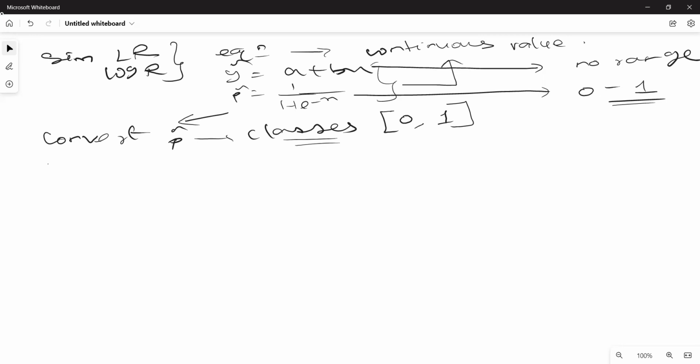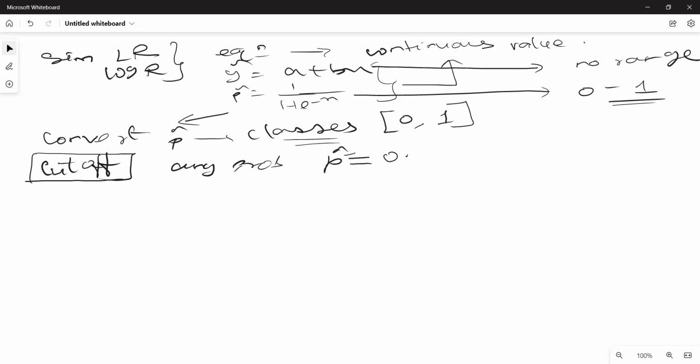So this is where we have something called a cutoff. A cutoff value is going to tell that any probability that lies within a given range belongs to a class. For example, if I'm getting the p hat prediction and this number comes to be, let's say, 0.31764, a float number.